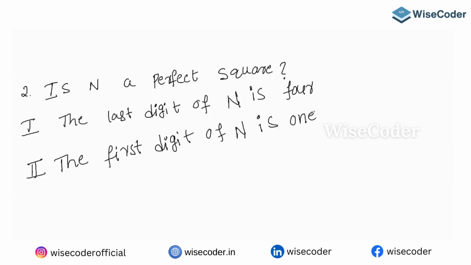So the question is, n is a perfect square; the last digit of n is 4 and the first digit of n is 1.